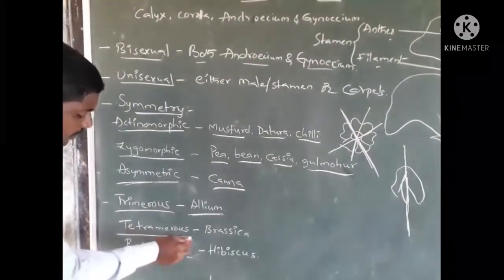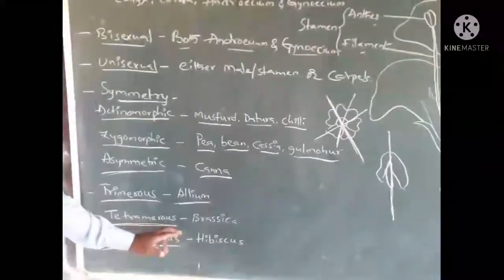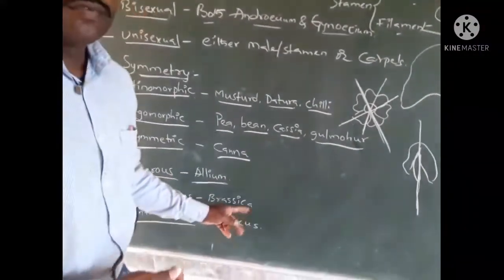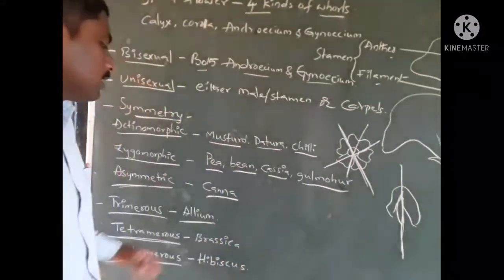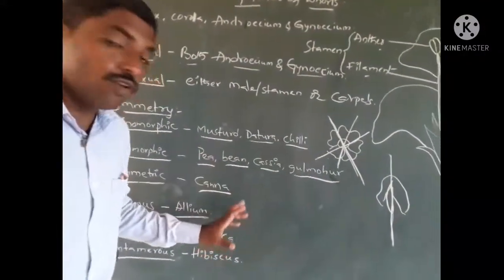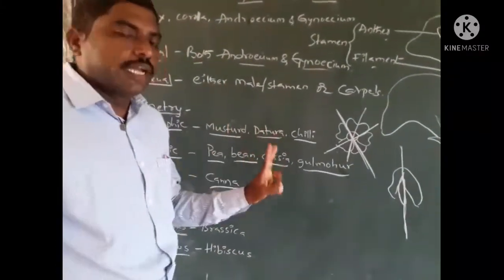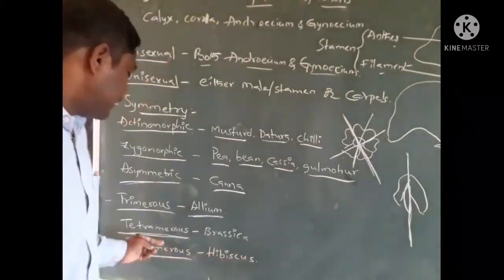Tetramerous flowers: the sepals and petals are four in number. Each whorl consists of four floral parts. That is called tetramerous.